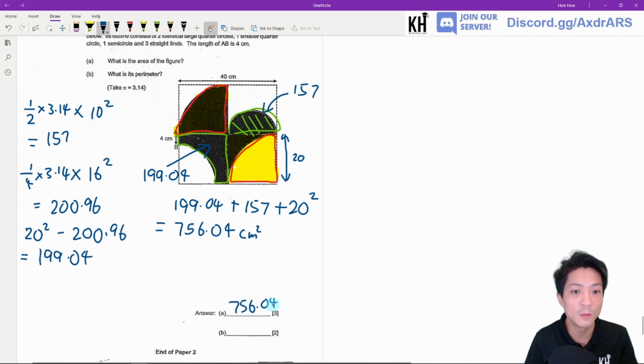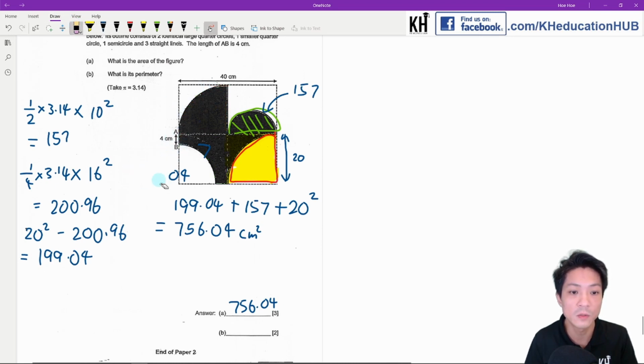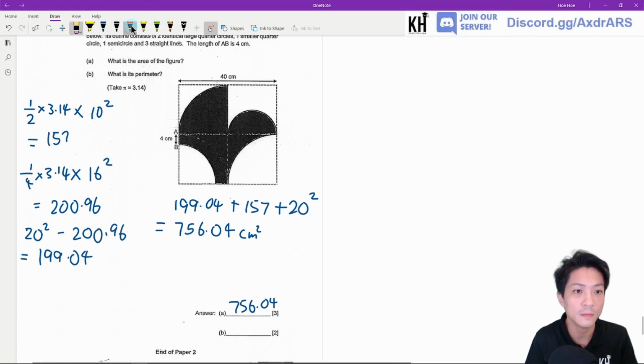Okay, for part B, what is the perimeter? It is a bit messy now, so I'm gonna erase everything. Perimeter of the figure.